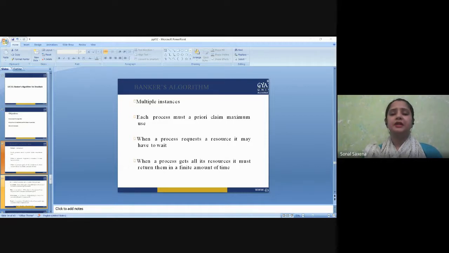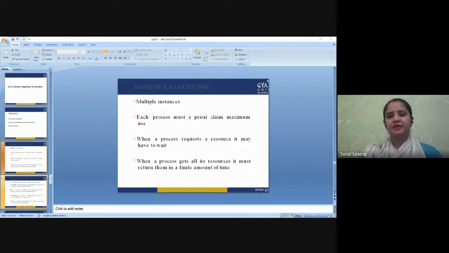So here in the slide, you can see I've written multiple instances. Now, understand that for a process to complete execution, it requires some resources. It could be memory space, some input output signals, data, or any kind of information.